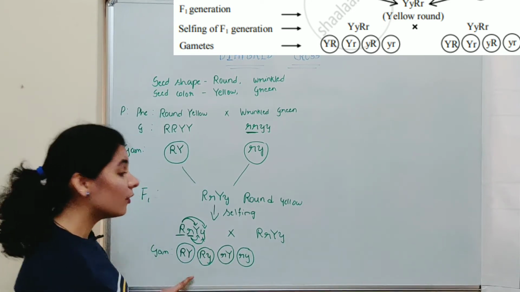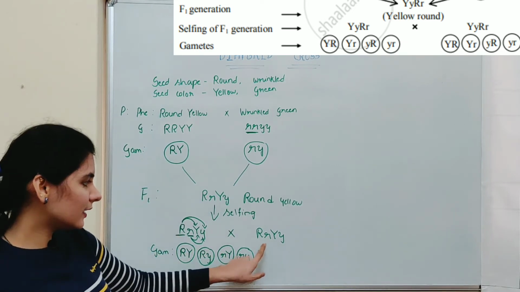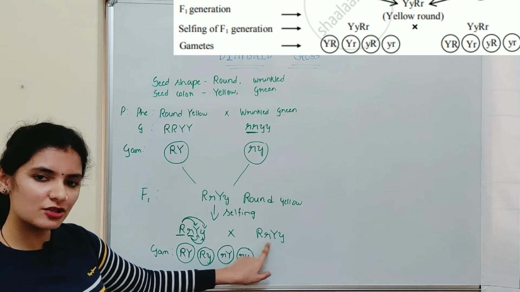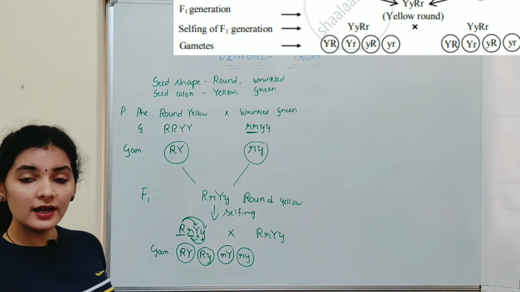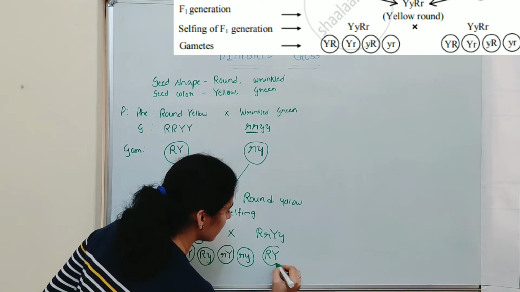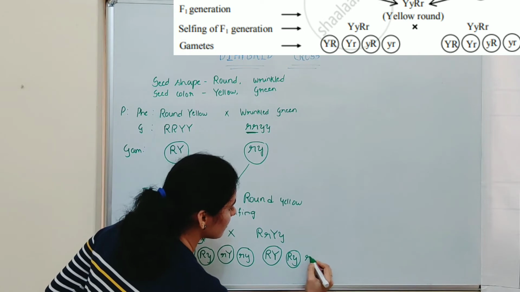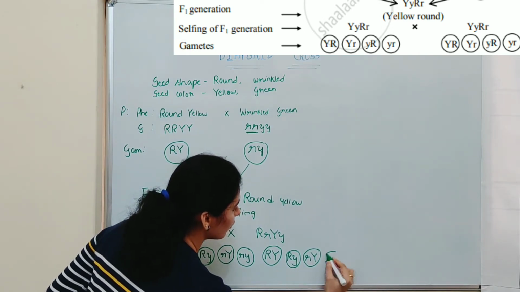So these are the four gametes produced by this F1 hybrid parent. Similarly, this parent also has the capacity to produce the same kind of gametes, that is capital R, capital Y, capital R, small y, small r, capital Y, and small r, small y.